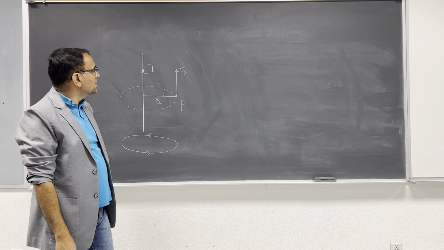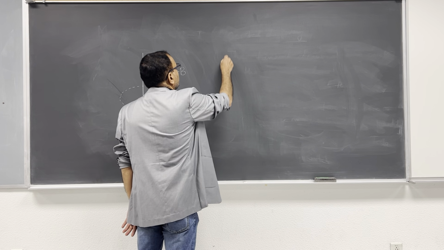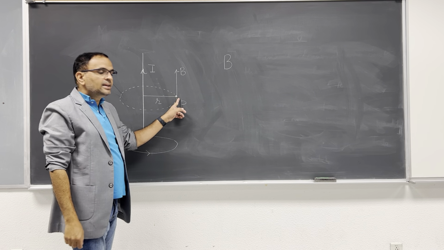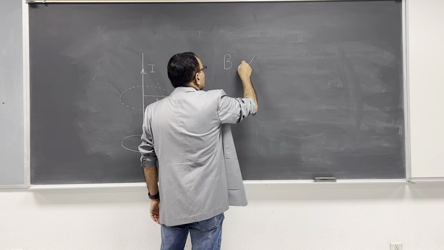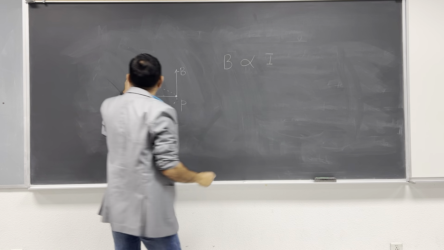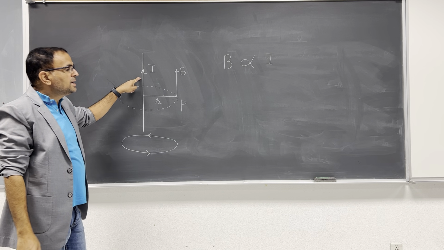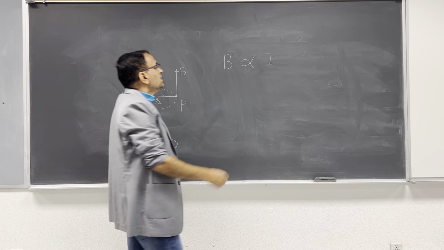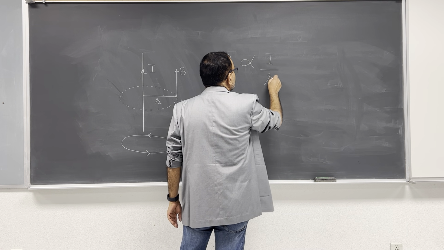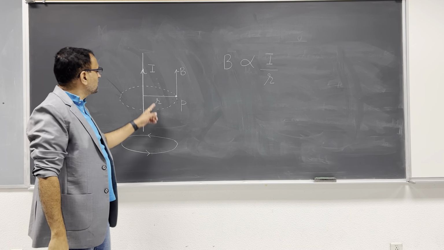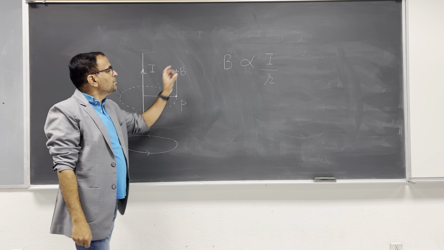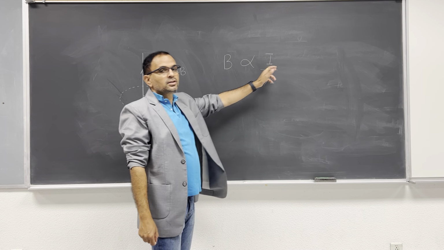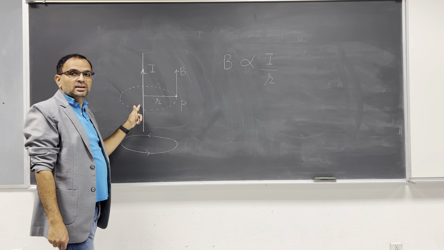It is observed that the magnetic field B at this point is directly proportional to the current here, and inversely proportional to the distance r. So again, the magnetic field at point P is directly proportional to the current. How big a current you have there?